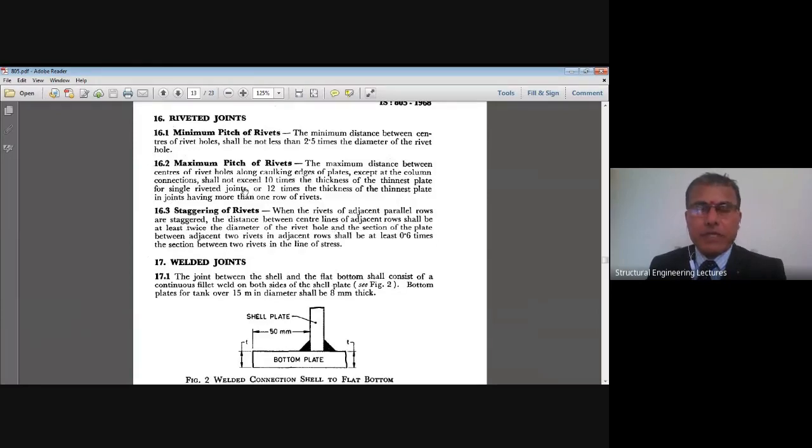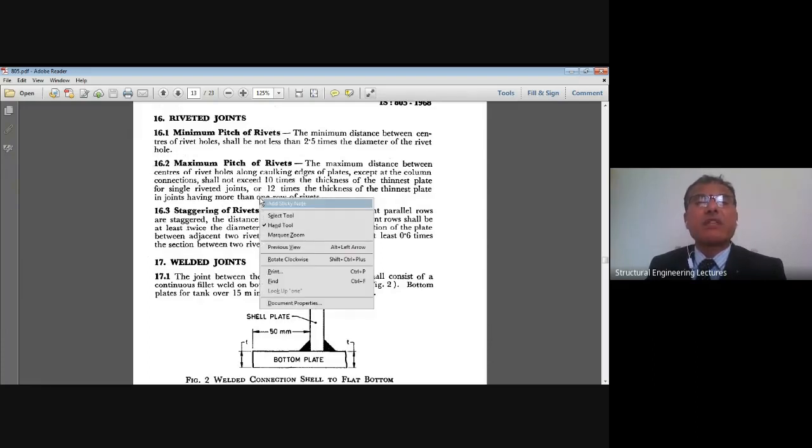If we are providing rivets in a single row, that is what is called a single riveted joint, then the maximum pitch should not be more than 10 times. Whereas if we have more than one row, then it is 12 times the thickness of the thinnest plate. That is the codal specification.